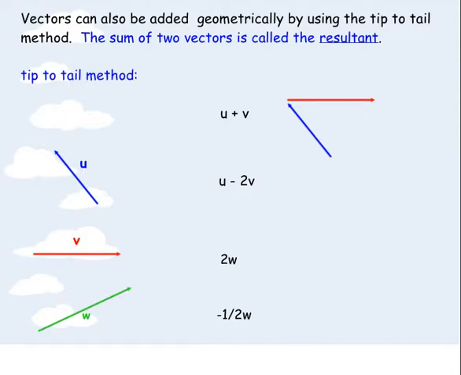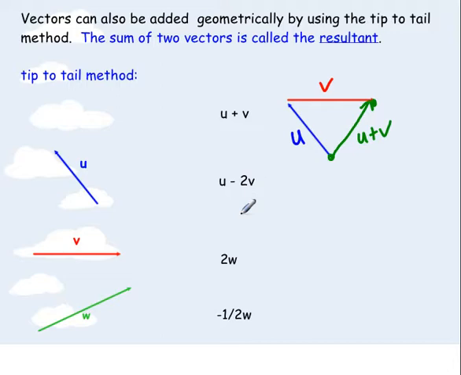So let me write some stuff in here. Okay, so the blue vector was vector u, the red vector is vector v. If we add them up, their result, sometimes you call it the resultant, would go from the very, very beginning to the very, very end. So this vector, this green one, that's u plus v.